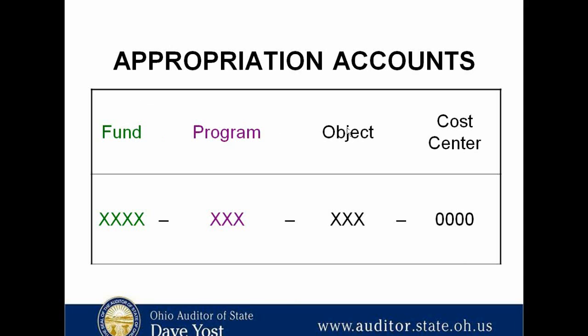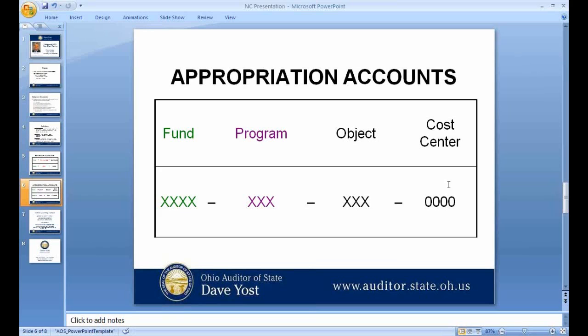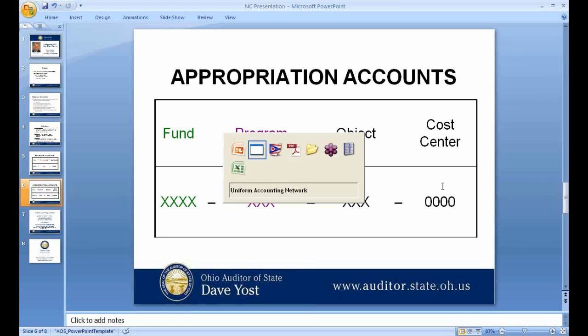Again, these three fields are required by your chart of accounts. However, the cost center is completely optional. You do not have to add any cost centers whatsoever if you choose not to.